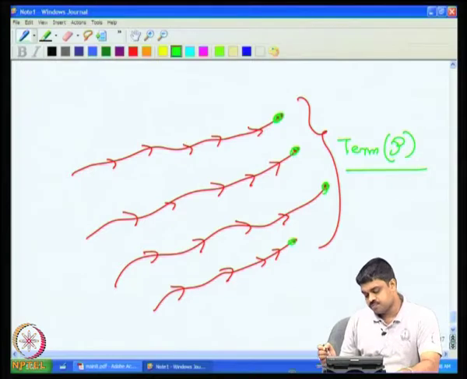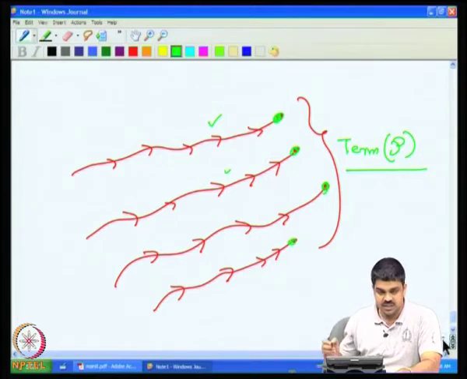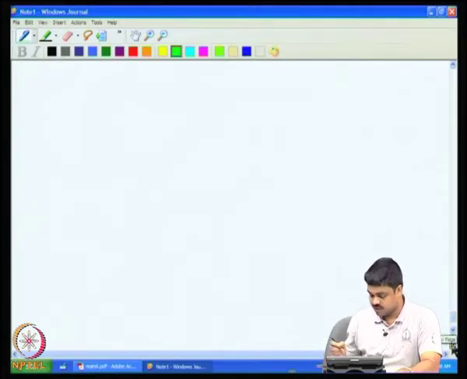Now you see the cardinality of the terminal vertex set will be equal to the cardinality of the path cover, because each path has one terminal vertex. So the path cover cardinality is essentially the cardinality of the terminal vertex set.